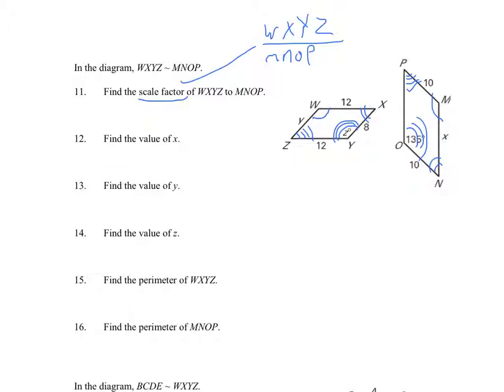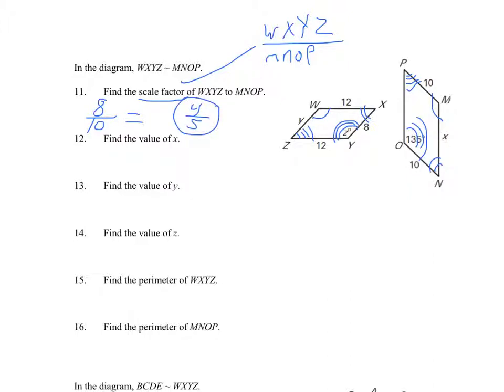So for instance, I know Y goes with 10. Those two sides go together. They're not the same size, but they correspond. 12 goes with X. 8 goes with 10, and this 12 goes with, I don't know what this side is. So 8 and 10 would be the one to use because we know both of those. So the scale factor would be 8 over 10, and you want to reduce that to 4/5.